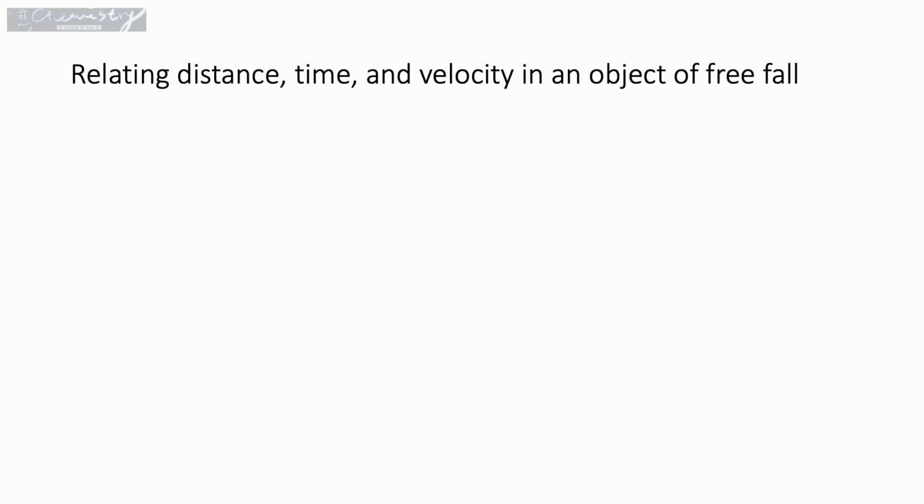So then let's look at how distance, time, velocity can be related in an equation. Previously, we learned that average velocity is equal to distance traveled over time. And if we have an object of free fall, it has uniform acceleration motion. So that means we can also calculate average velocity as Vf plus Vi divided by 2, and this is because it is uniform acceleration.